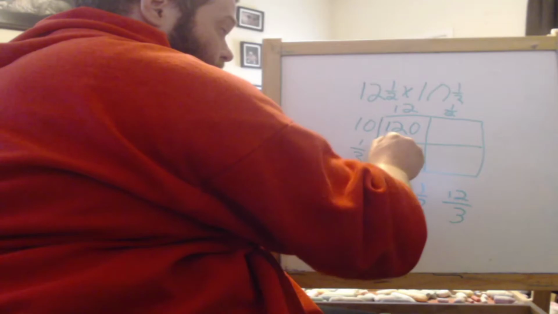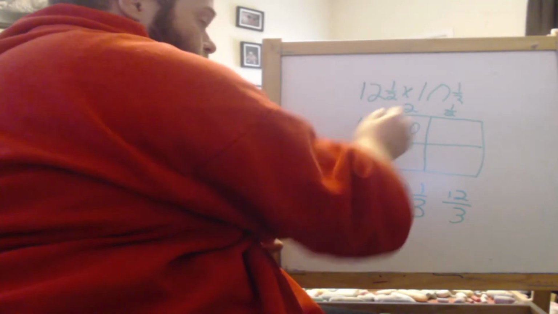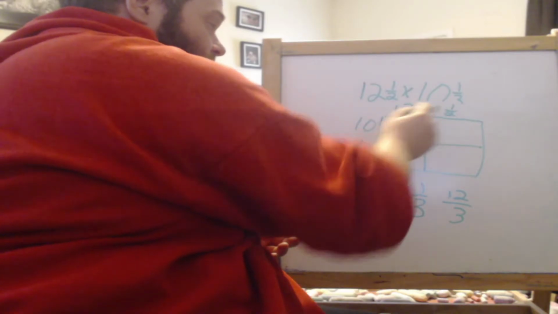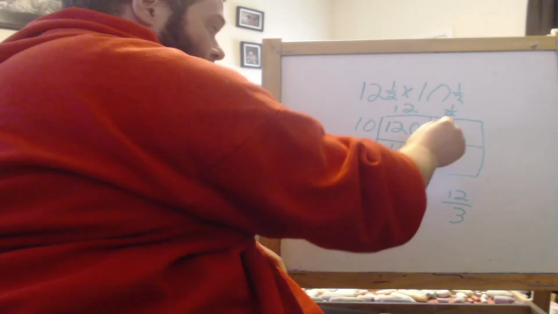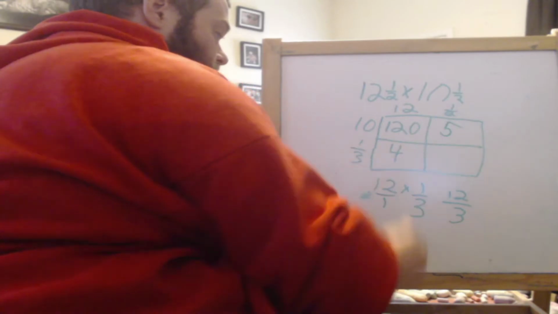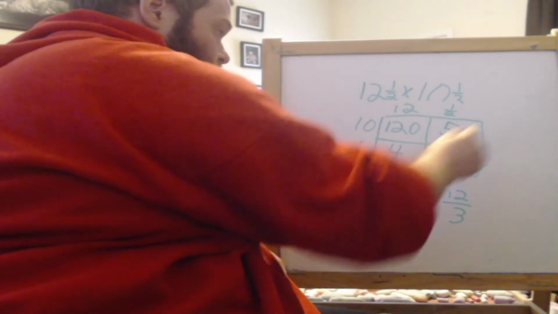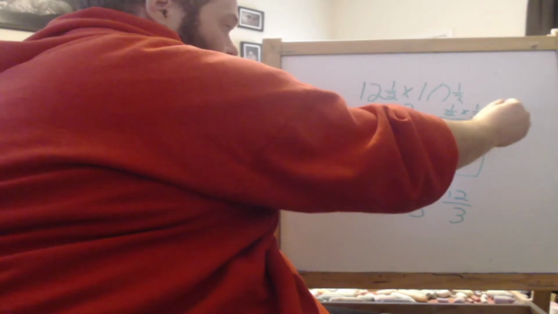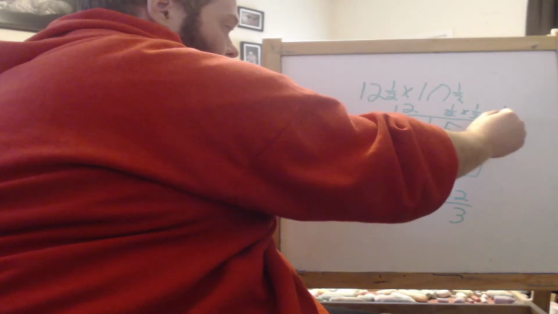So this is just 4, right? 10 times 1/2, I know that 1/2 of 10 is 5. And 1/3 times 1/2 equals 1/6, because we're just multiplying across. 2 times 3 is 6.